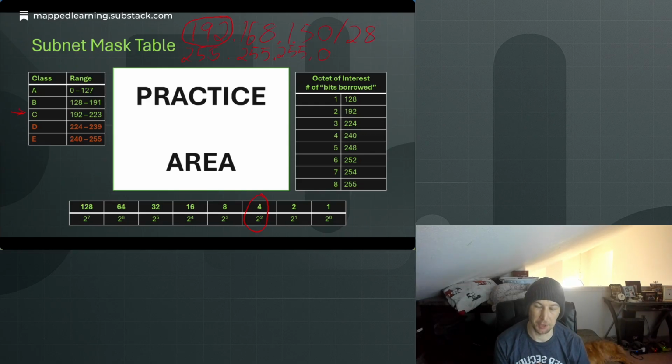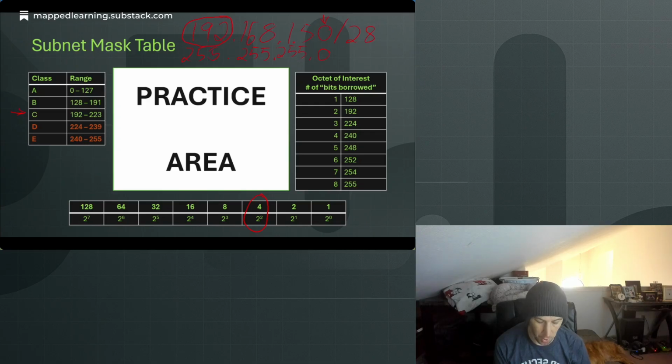And if we are borrowing 4 more bits, what is the new subnet mask? Well, remember what I said before. When you're subnetting, it's always from left to right with binary. So the octet of interest in this case is the last octet, because that is the octet where we are borrowing bits into.